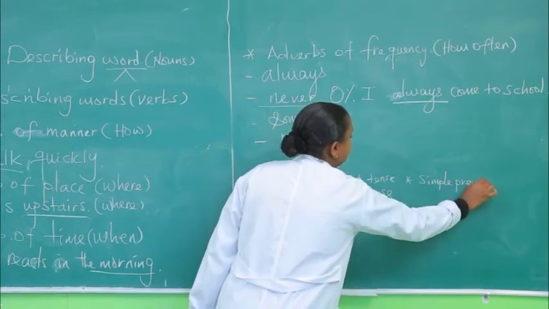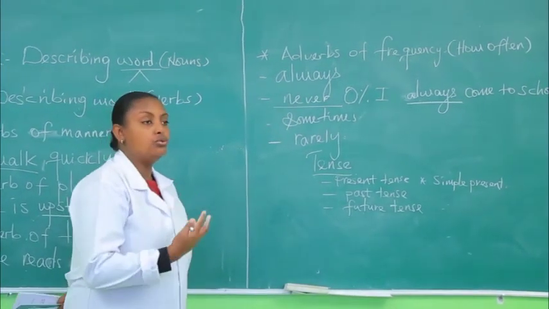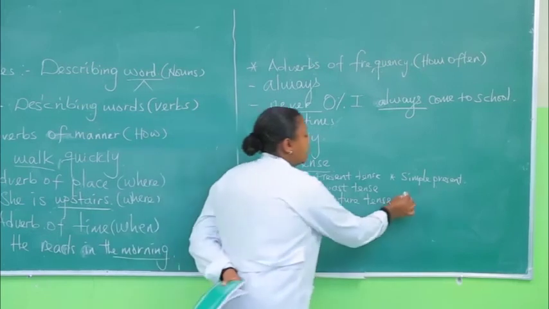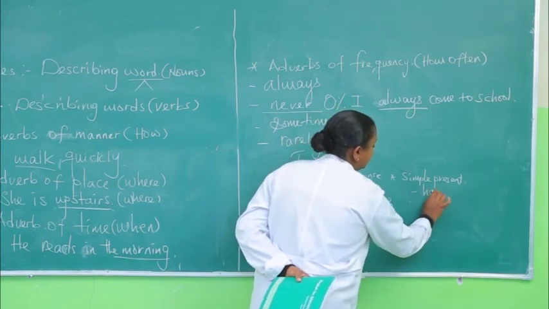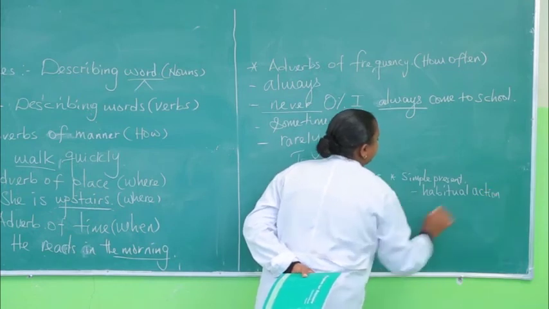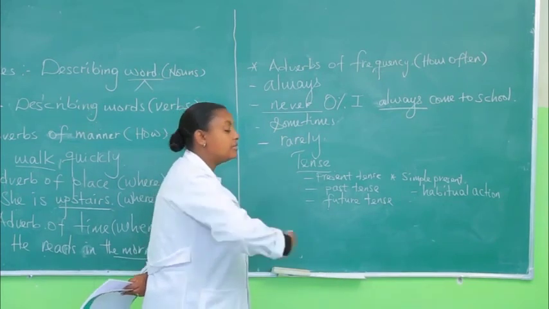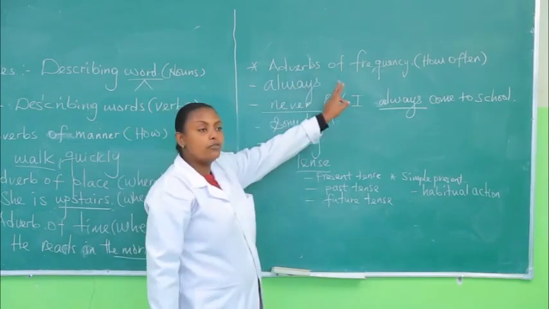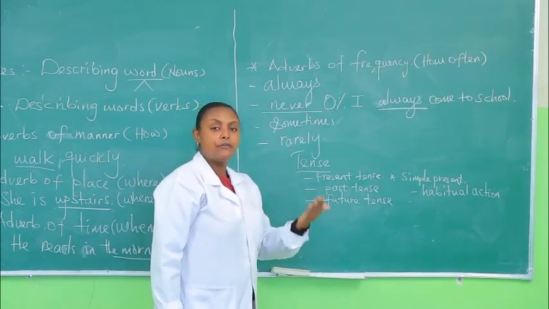Simple present. There are two ways that we use the simple present tense. One is for repeated or habitual action, which means always repeating things again and again. As we discussed earlier, adverbs of frequency tell us how often the action happened or how many times the action is repeated.